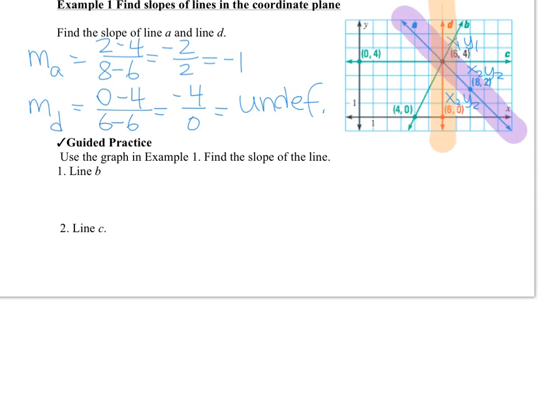So, complete the guided practice, pause the video, and find the slopes of the other two lines, and then press play and watch the answers transpire.